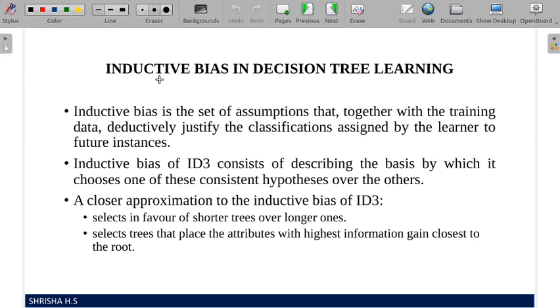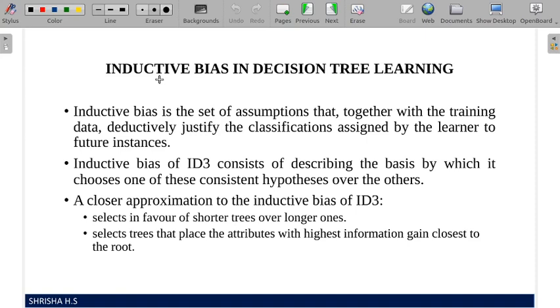So how do these things work out in decision tree learning? Inductive bias can be analyzed for every type of hypothesis. In the first module, hypothesis in the form of tuples. Now hypothesis in the form of a decision tree. There are many decision trees possible for a given data set.